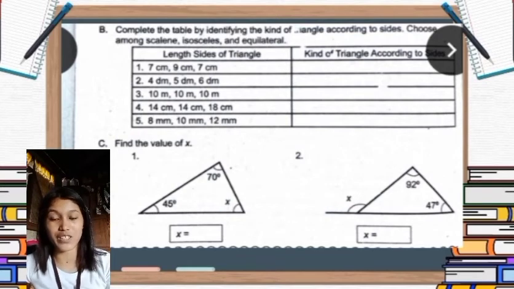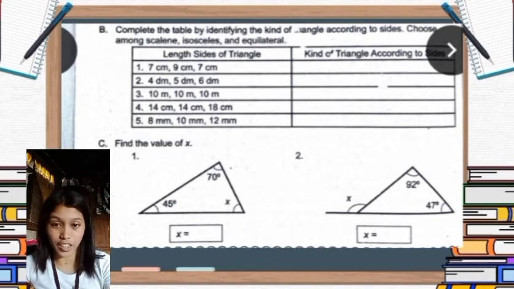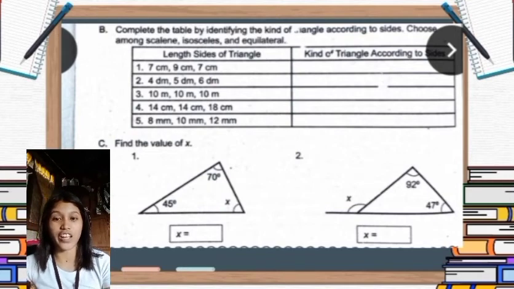So 70 plus 45 is 115. If you remember, every triangle has 180 degrees. So 180 minus 115, the answer is 65 degrees. So the value of x in number 1 is 65 degrees.